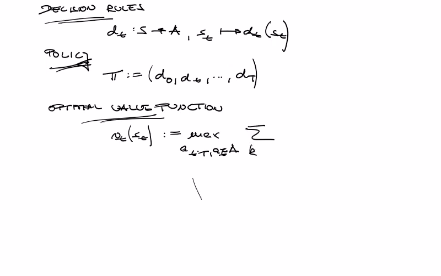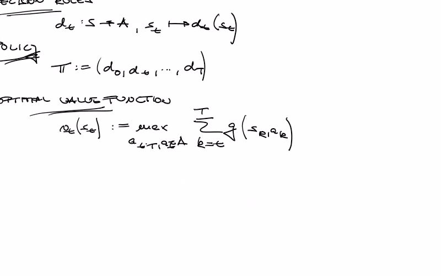So the sum runs from t to big T. And this, of course, subject to the same constraints.